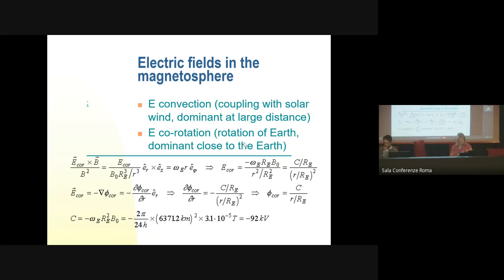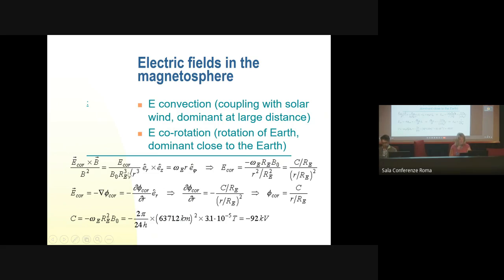And you can find the co-rotation electric field by saying that the drift velocity, E cross B over B squared, is equal to the velocity of co-rotation, the angular frequency of the Earth multiplied by the radial distance. The angular velocity is 2 pi over 24 hours.